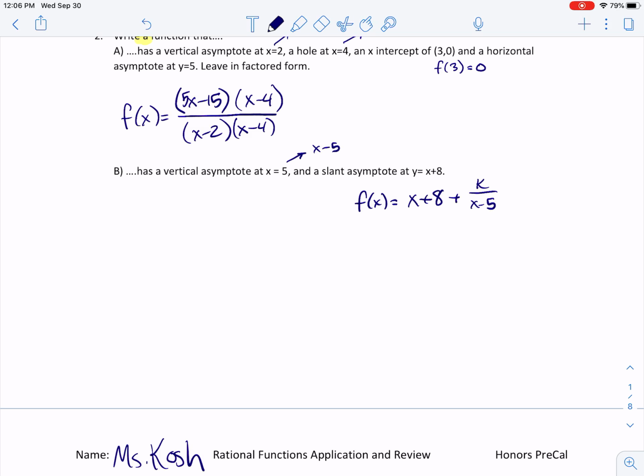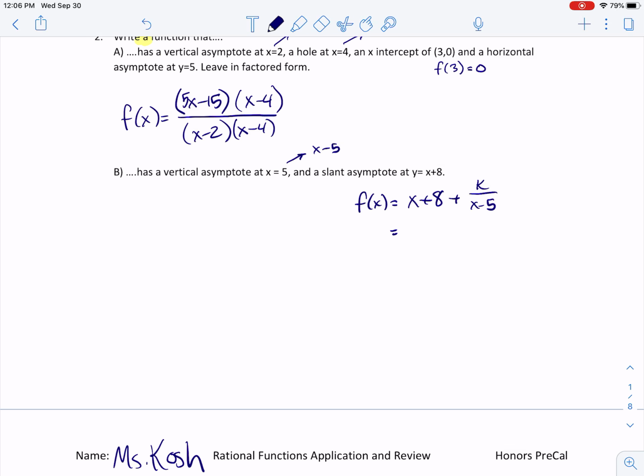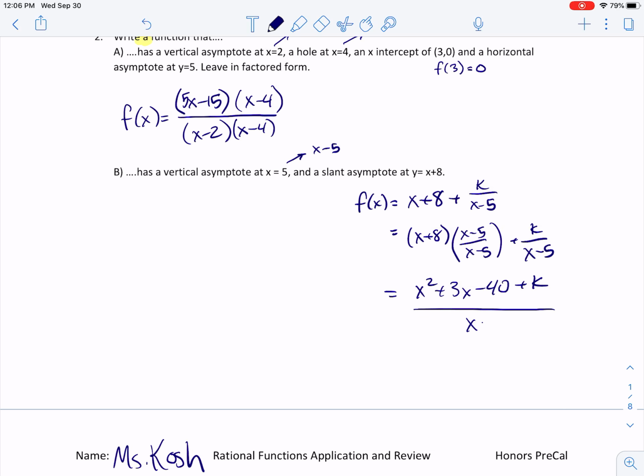Remember, this is kind of working backwards, and so what we need to do is say, okay, this is x plus 8 times x minus 5 over x minus 5, plus k over x minus 5. And so this becomes x squared plus 3x minus 40 plus our k value, over x minus 5.